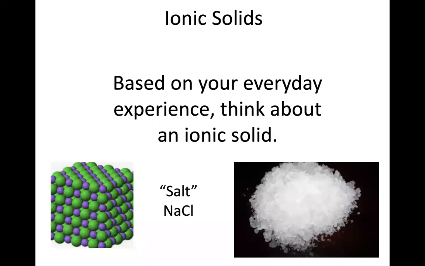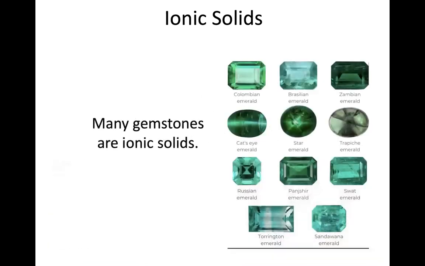I mean, on my chemistry shelf, here's copper sulfate, here's ammonium phosphate, here's iron chloride. I could go on and on. I've got a whole cabinet full of them, but I don't have a whole cabinet full of them in my house. Sodium chloride is the real classic example, but we don't have that many other ionic solids in our world. So you could call it chemically important, but less common in our everyday experience.